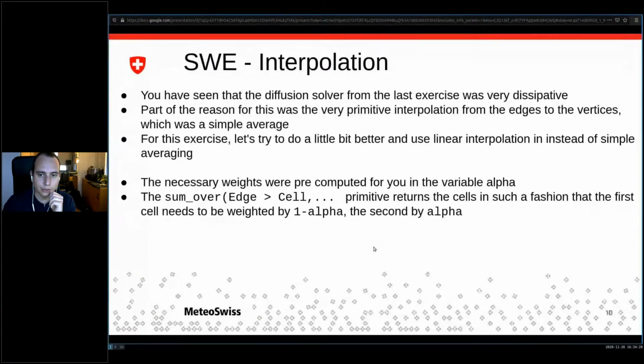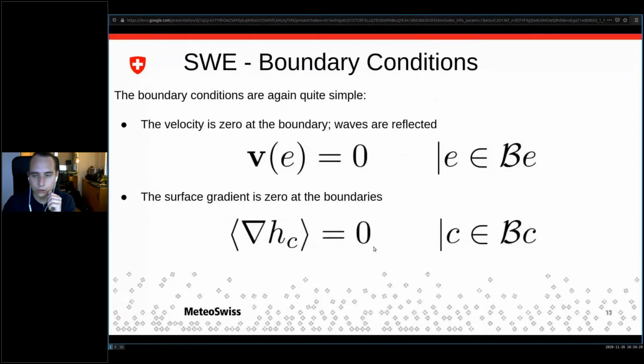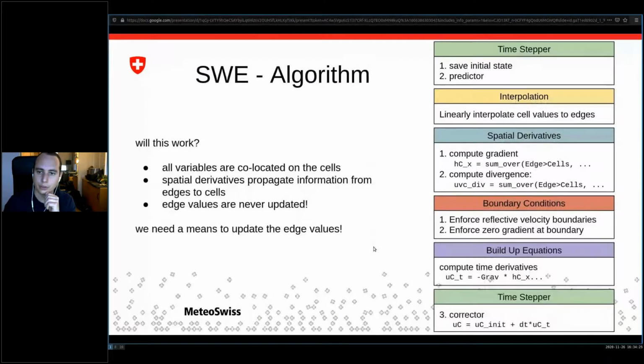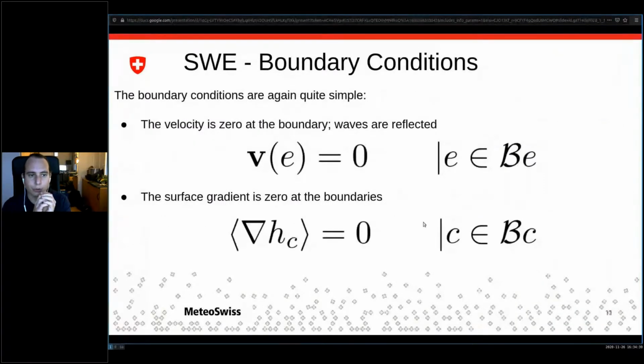Then this should work out for the interpolation block. Now it only remains to clarify what happens in the boundary conditions block. Here we're going to be simple again. We want our waves to reflect at the boundary, so the boundary velocity is always going to be 0. And as is customary, we are also going to have a 0 surface gradient at the boundaries.